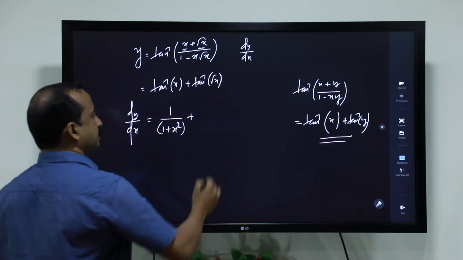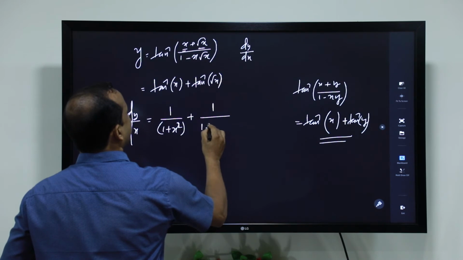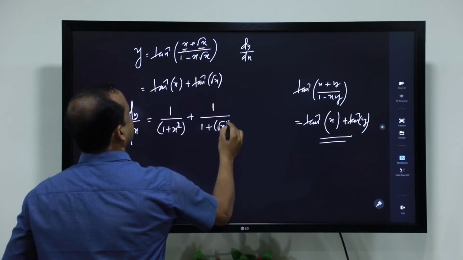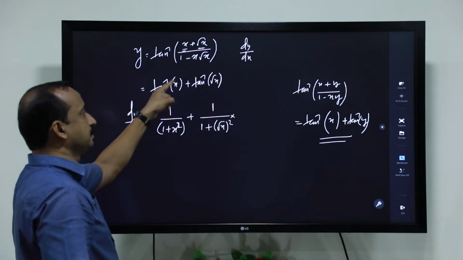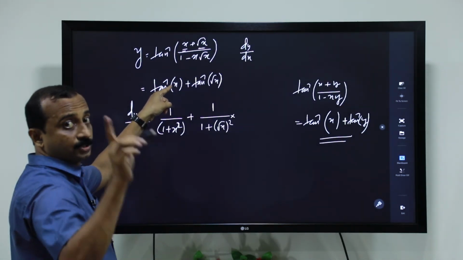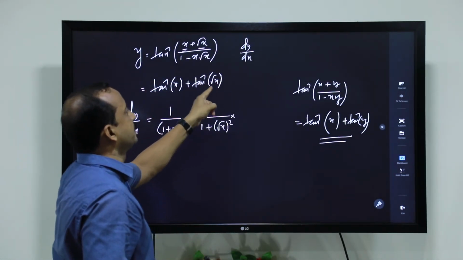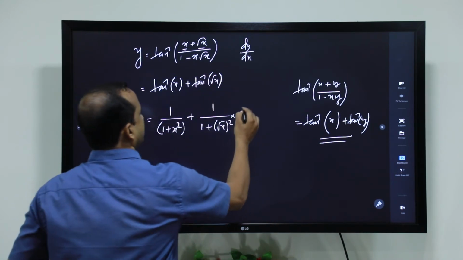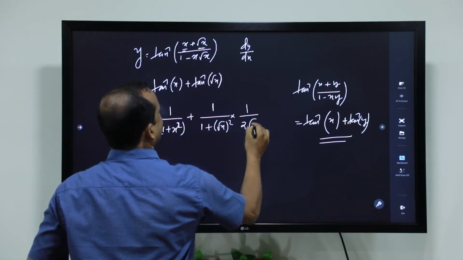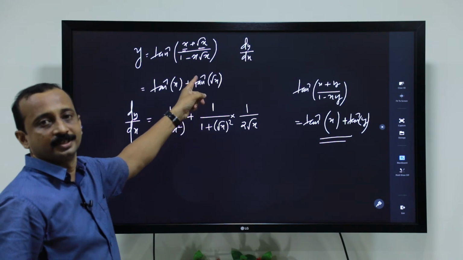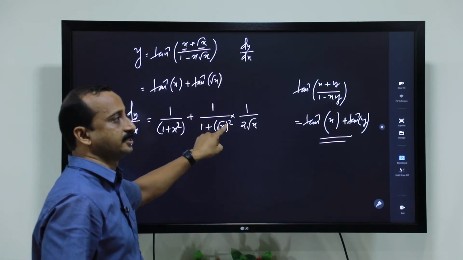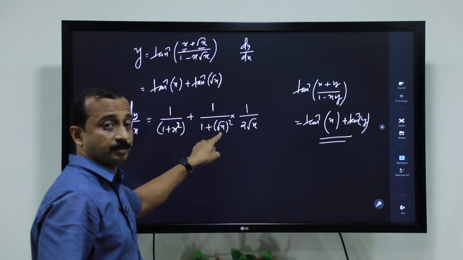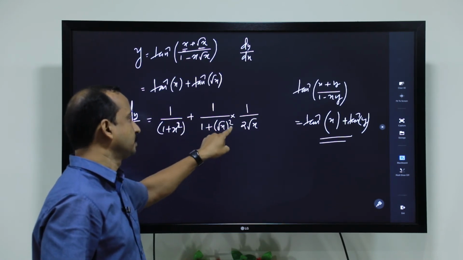And for tan inverse root x, the answer is 1 divided by 1 plus (root x) the whole square, into, by function of function, the derivative of root x, which is 1 by 2 root x. First find the derivative of tan inverse of root x, supposing root x as x, giving 1 by 1 plus root x the whole square.